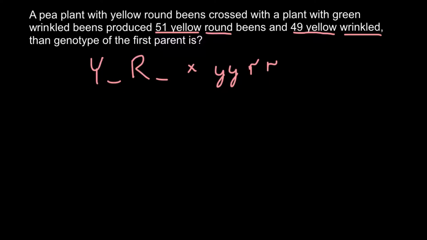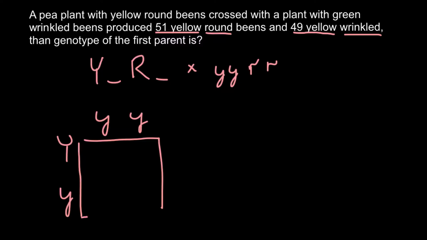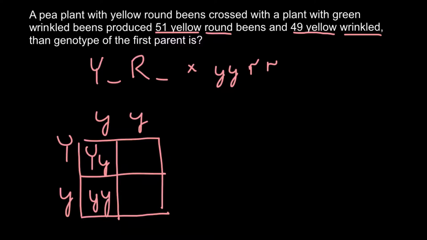If we crossed such a genotype, capital Y and small y, with another genotype that is homozygous recessive for this trait, we should get a ratio of colors of 1:1. So capital Y here, and small y here, capital Y here, and small y here.